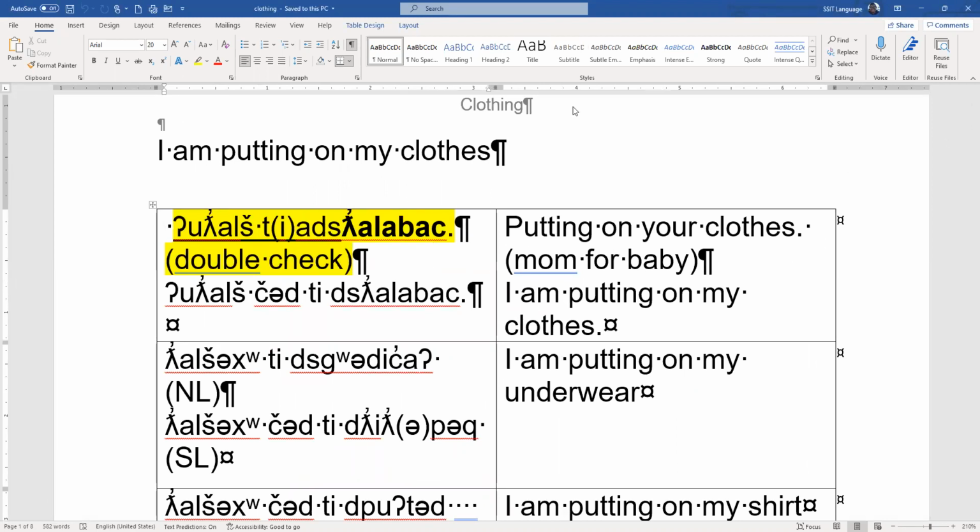All right, so this part you really don't have to do. I'm just not gonna go over putting on clothes for somebody else, or putting clothes on somebody else. Let's just focus on the clothes that I'm wearing, and we'll get to that more next time.